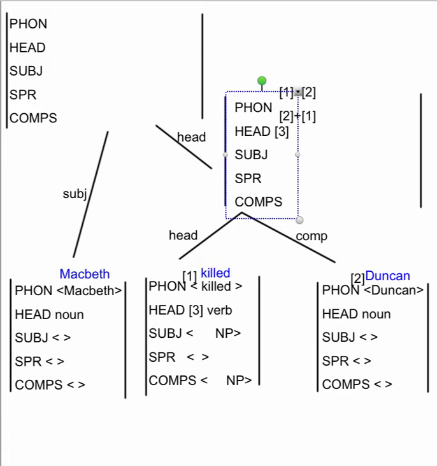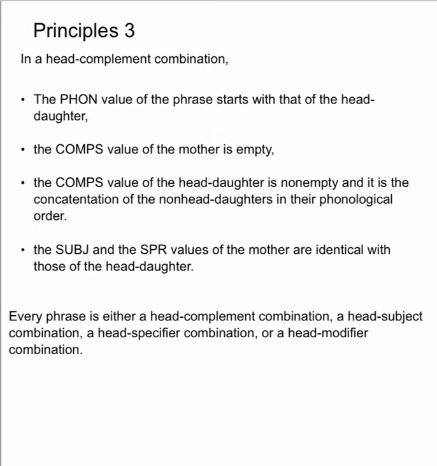Now all this is expressed in our constraint on head complement combinations. So this constraint is given here. It is built very much in parallel to the constraint that we've seen on head subject combinations. So the first point in this constraint makes sure that we get the right linearization, the right phonology. It says the phonology value of the phrase starts with that of the head daughter.